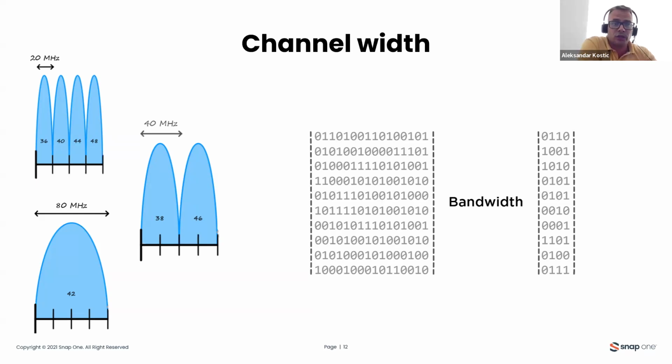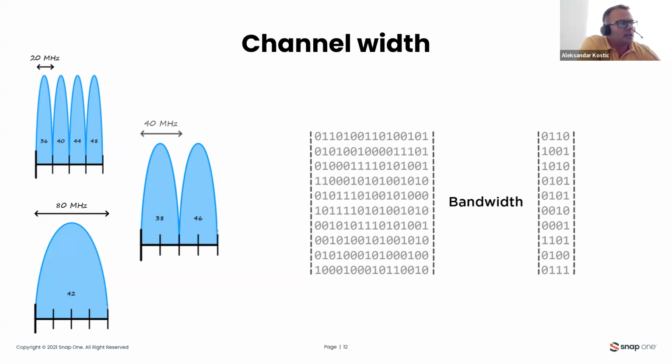What we need to take care of is that if we are using, for example, 80 megahertz with a central frequency of 42, that means that the 80 megahertz channel width is overlapping with all channels 36, 40, 44, and 48. They are all one channel in that case. So we shouldn't use those channels on the neighboring access points.